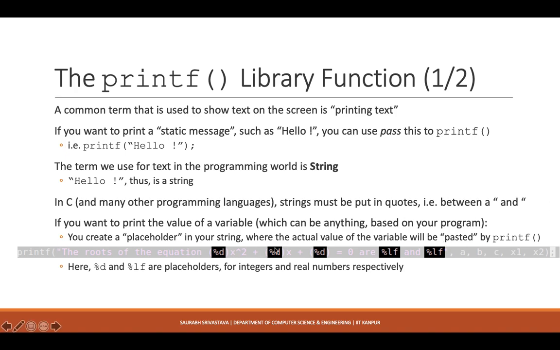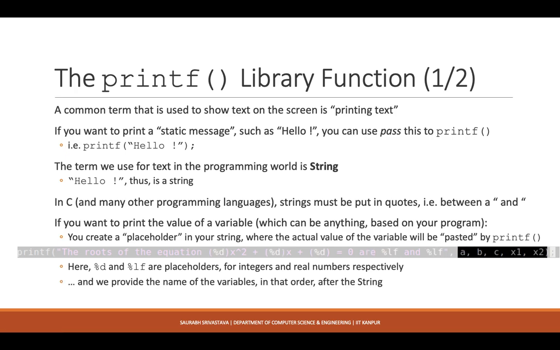So wherever I have put %d, printf is supposed to replace it with some integer, and wherever I have written %lf, printf is supposed to replace it with some real number.